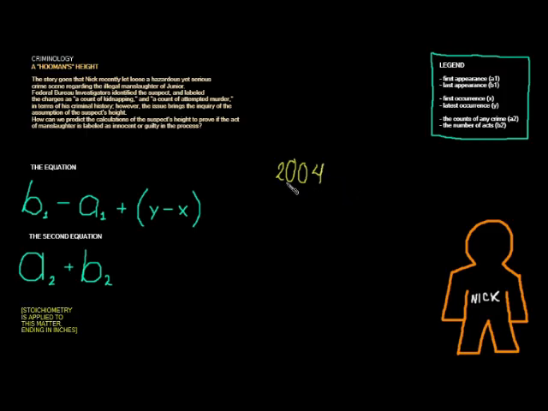So 2004 is when Nick had last appeared in a channel which you might have heard of, and I wish not to speak of. And as for A1, it is 1993. 1993. Okay.